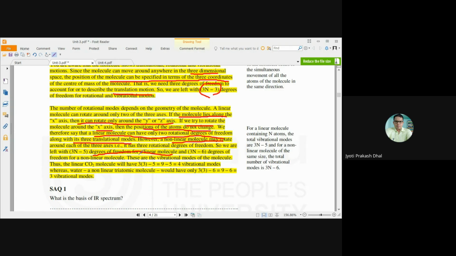That means 3 for translational and 2 for rotational are subtracted. Similarly, for a nonlinear molecule, the vibrational degrees of freedom equal 3n minus 3 minus 3. The first 3 is due to translational and the second 3 is due to rotational. So the remaining vibrational degrees of freedom will be 3n minus 6 if the molecule is nonlinear, and 3n minus 5 if the molecule is linear.